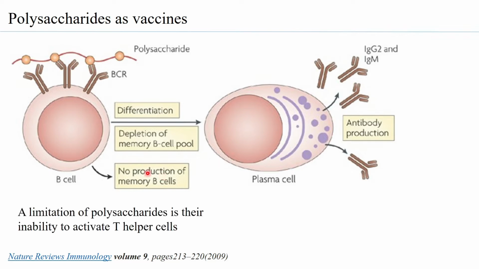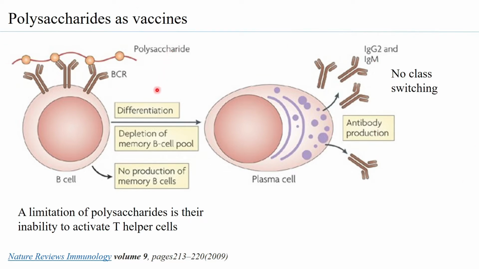So therefore, that is a limitation that the polysaccharides have, that is they are not able to activate T helper cells, and because they are not able to activate T helper cells, you may have the plasma cells being formed, but the plasma cells do not undergo class switching. IgM is not converted to IgG1. IgG1 would be more specific for the particular antigen.